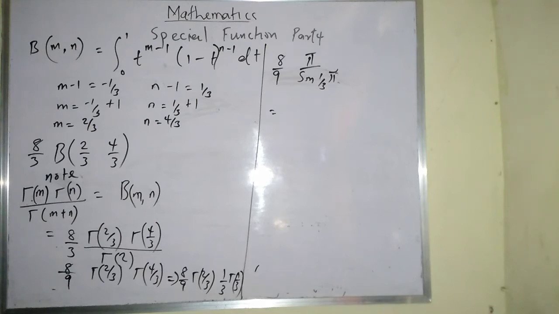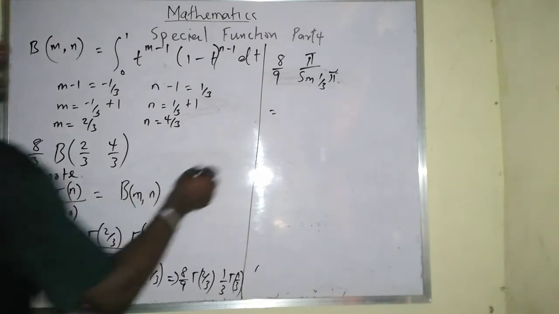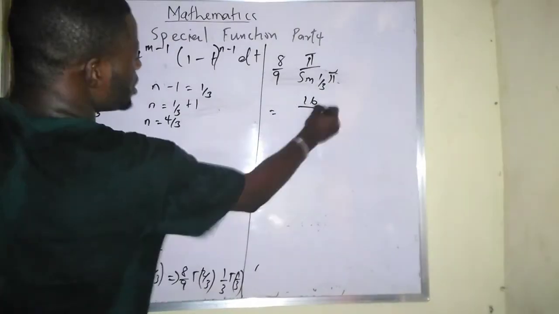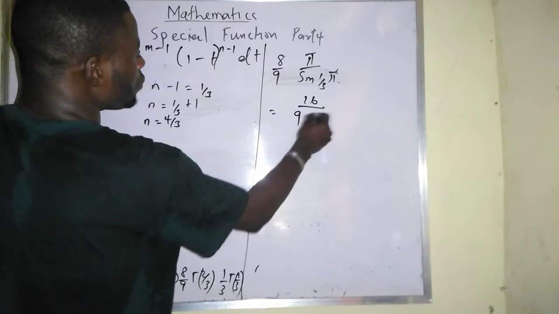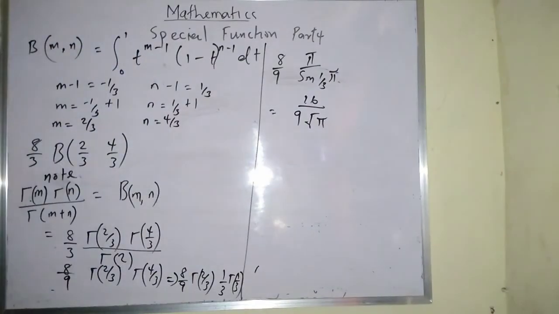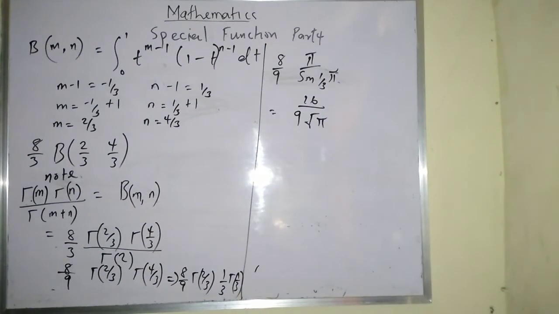Sine 45, that will be root 3. Now, I will be having root 3, and this will give me 8 times 2, that will be 16 divided by 9 all over root of pi. That is my final answer, which has been proved.